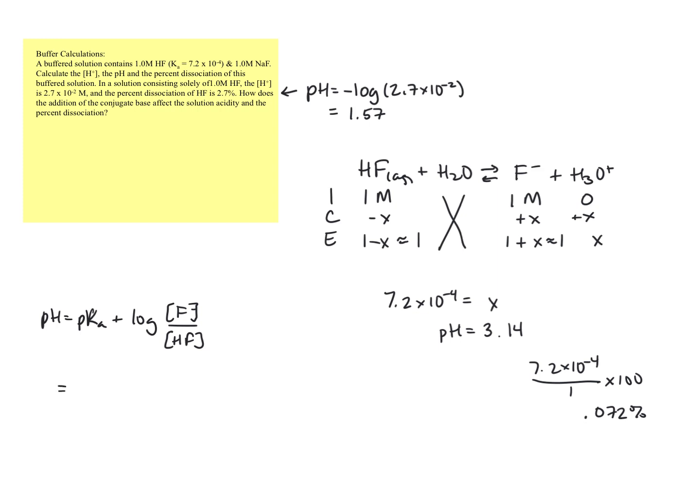So we can take the negative log of the Ka value, 7.2 times 10 to the negative 4, plus log F negative over HF, which happens to be really 1 over 1. And hopefully you remember from pre-calc that log of 1 is 0.